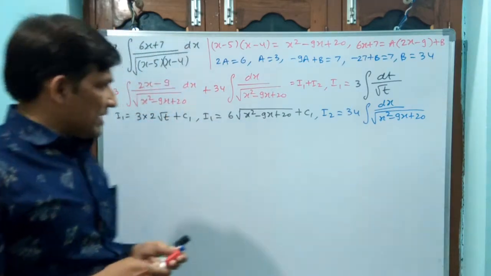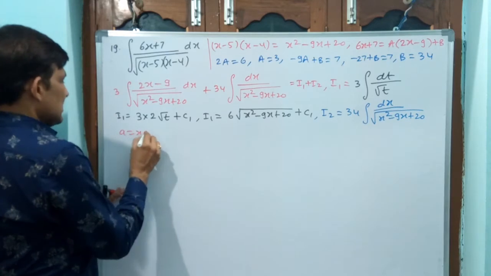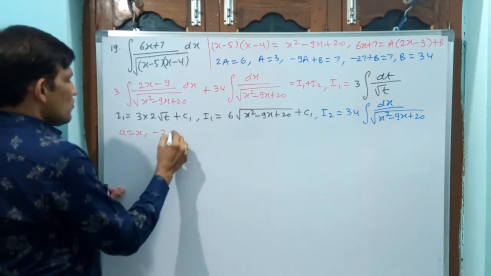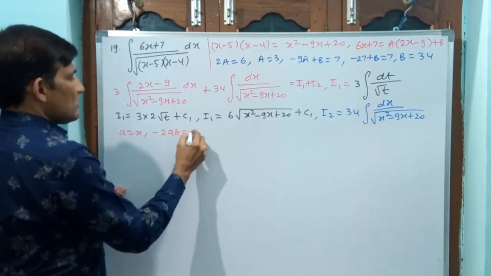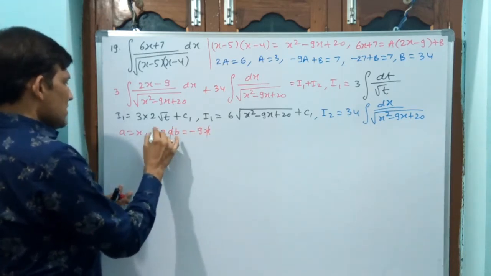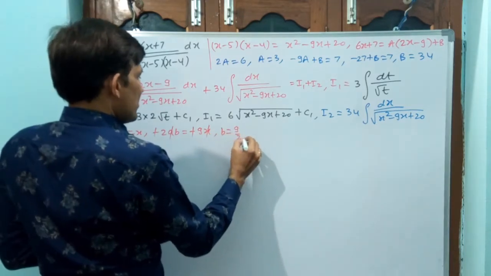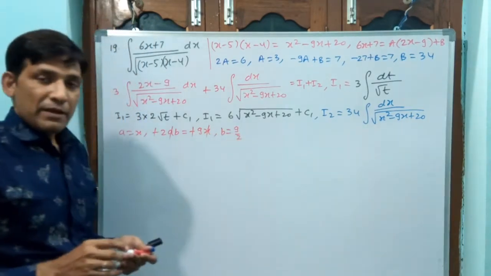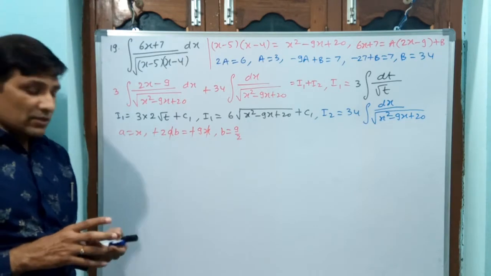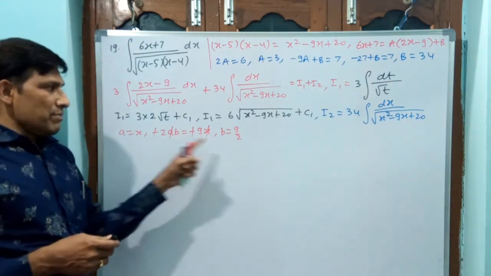Write down: a will be x, then minus 2ab is equal to minus 9x. You see, a and x are the same, plus minus gone. Then b is equal to 9 by 2. That you have to take carefully. A will be x, b will be 9 by 2.